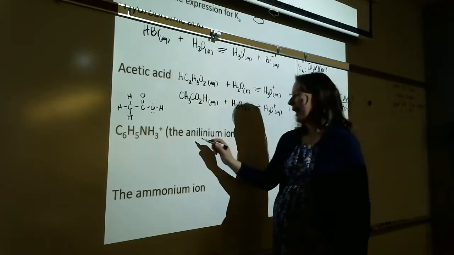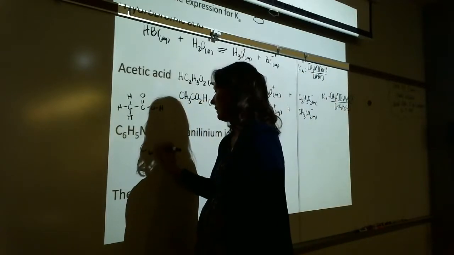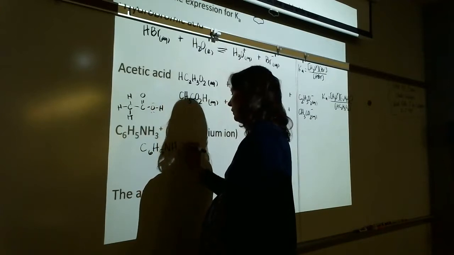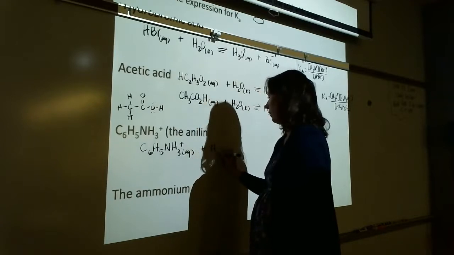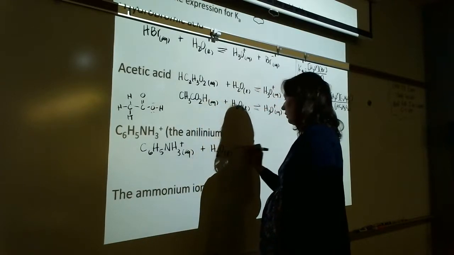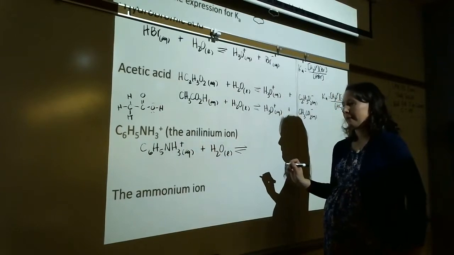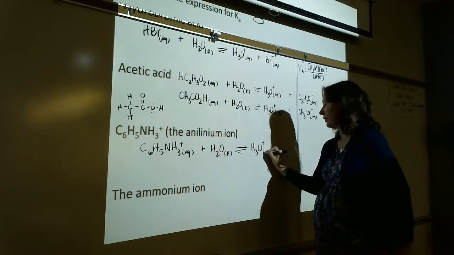Okay, this is the anilinium ion. So this is C6H5NH3 plus aq plus water. What are you going to get? H3O plus.